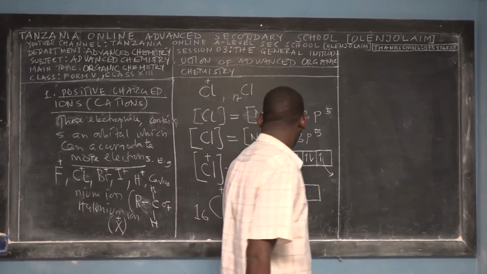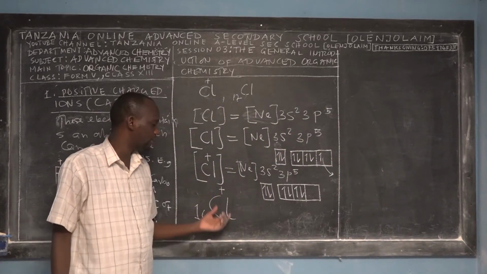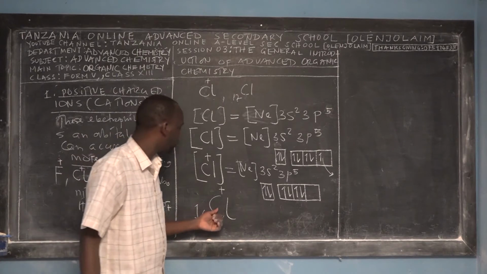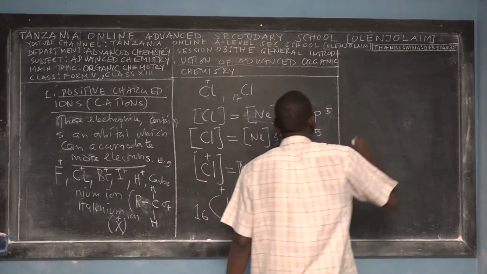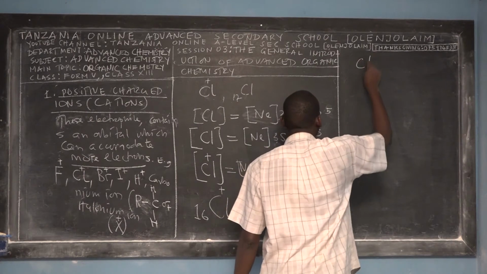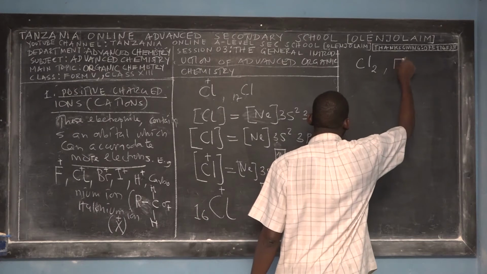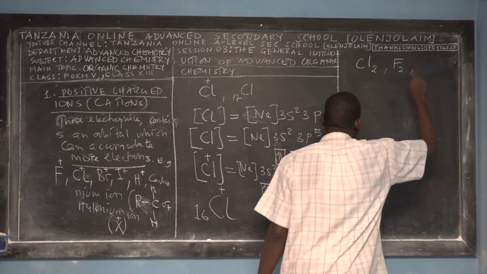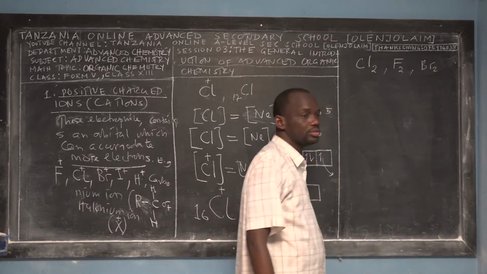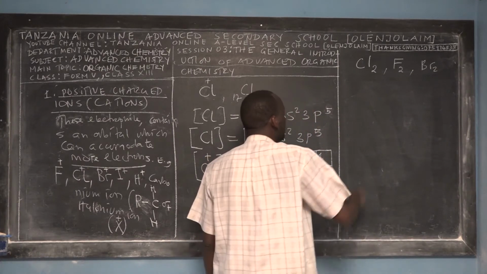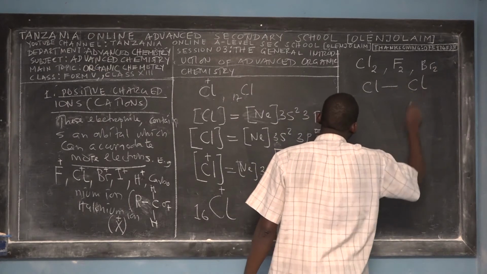So how do we prepare these positive chlorine ions? We call it chloronium. For example, chlorine exists in molecular structure. Fluorine also exists in molecular structure. Bromine possibly also. In chlorine molecules, there is a covalent bond between one chlorine atom and another.